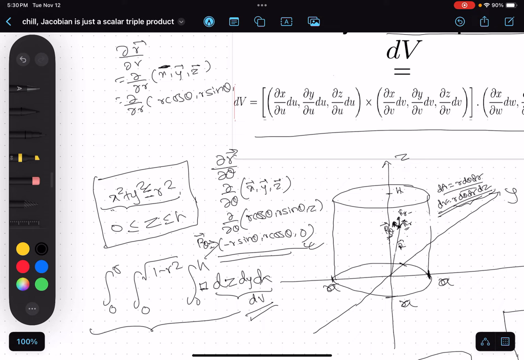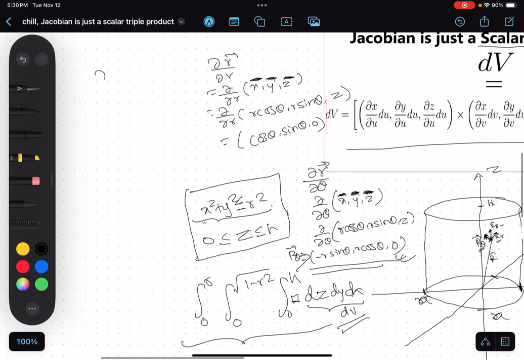I don't need to write vectors here because these are just components. If we differentiate this, it will be cos theta, sin theta, 0. Similarly, with respect to z, this is r cos theta, r sin theta, z, and the derivative is 0, 0, 1.